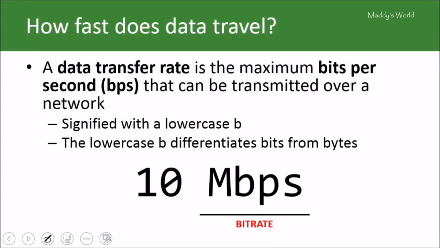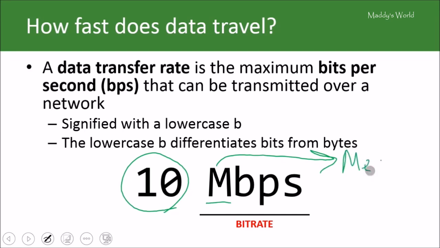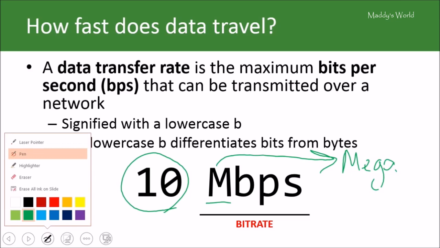The speed that data travels is measured in bits per second. That's called its data transfer rate. So we signify this data transfer rate with a number, so 10, and then M, which in this case stands for mega, and then we have a lowercase b.